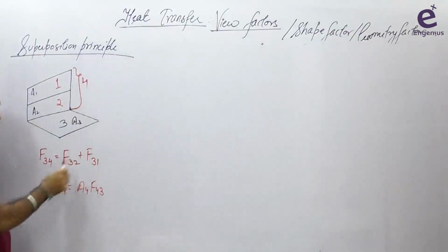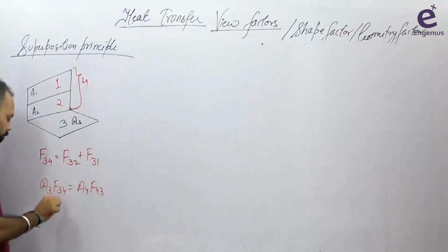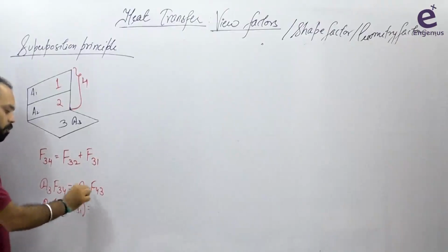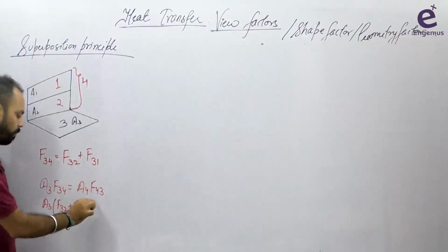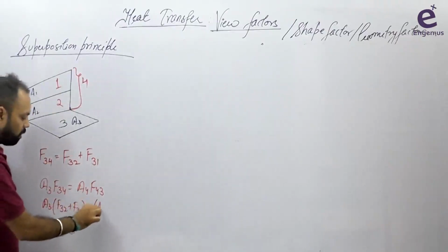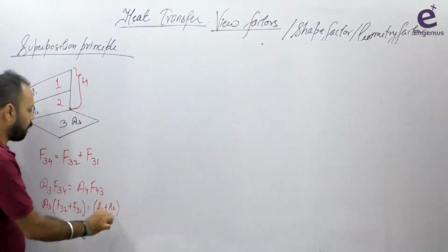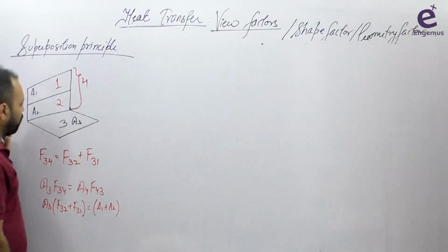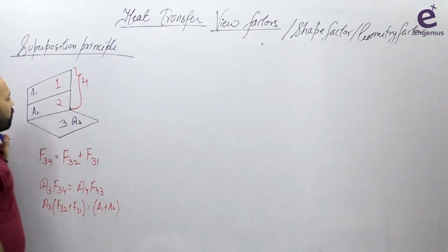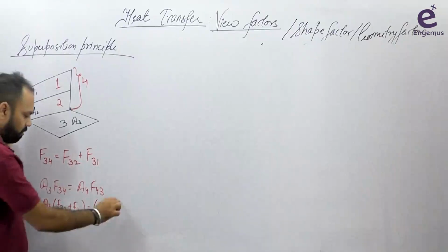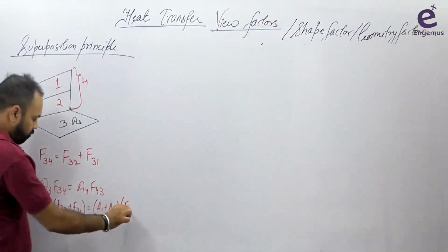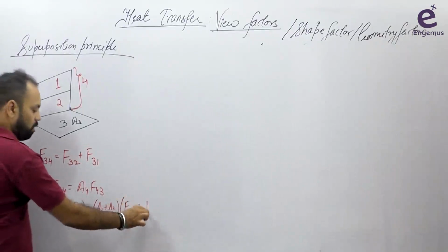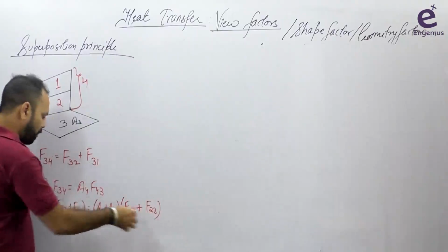F34 can be written as F32 plus F31. What is A4? A4 is A1 plus A2, right? So A1 plus A2, and then you can write F43. What is F43? Can I say that F43 is the fraction of radiation leaving surface 4 and reaching surface 3. So F43 is F13 plus F23, I mean I can expand like this.